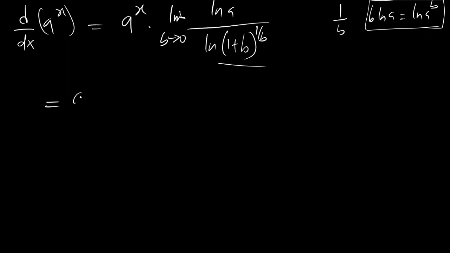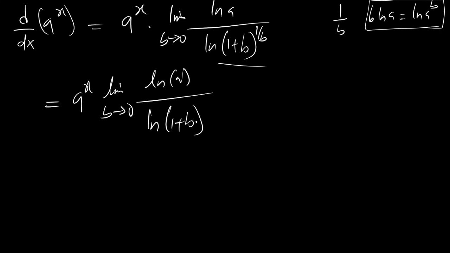Then now you have a raised to power x times the limit when b tends to 0 of ln a divided by ln 1 plus b raised to power 1 over b.